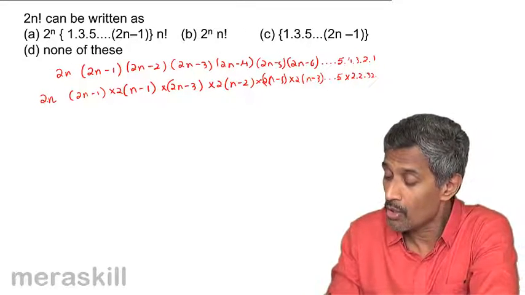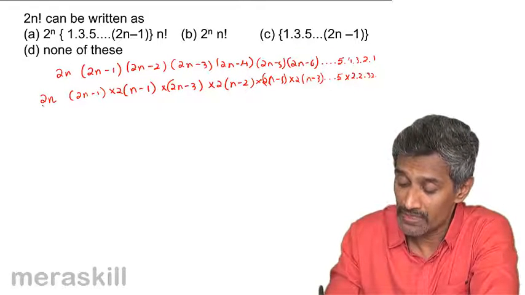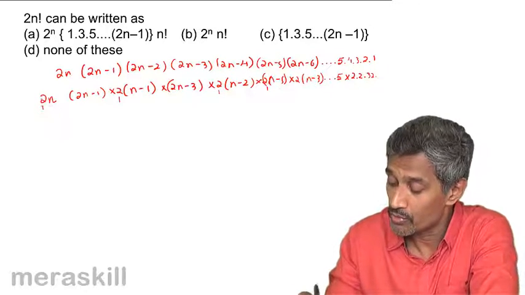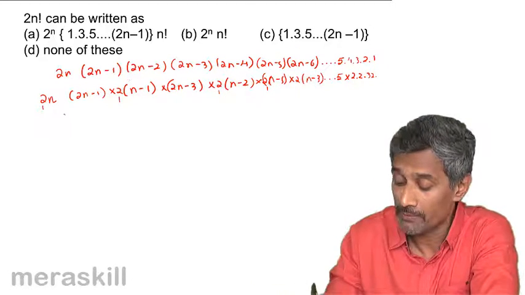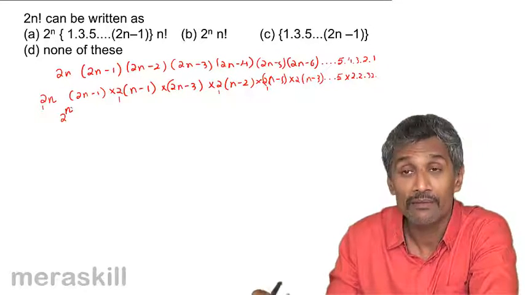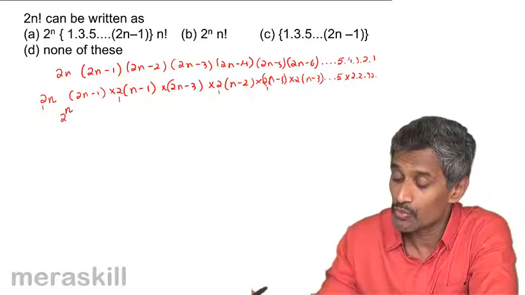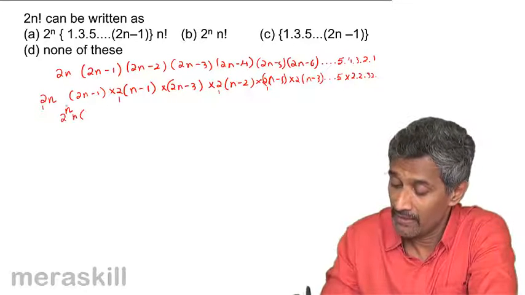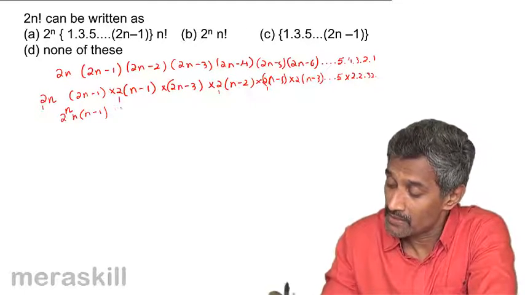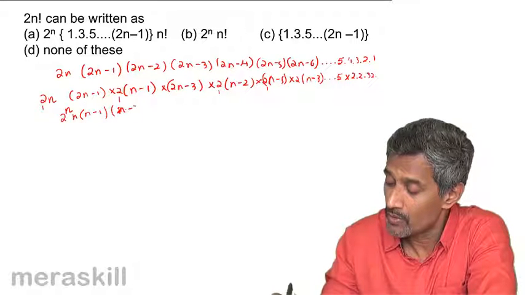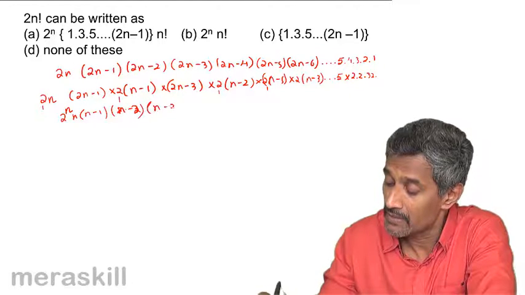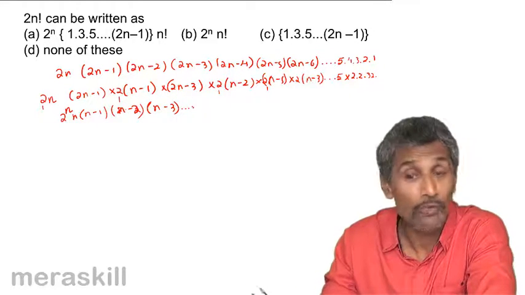Now you collect all the 2 terms. If you see, there is a 2 here, there is a 2 here, and so on. Ultimately all these 2's on multiplying become 2 raised to n, because there will be n such 2's multiplied, and you will be left with n, then n minus 1, n minus 2, n minus 3, and so on and so forth.